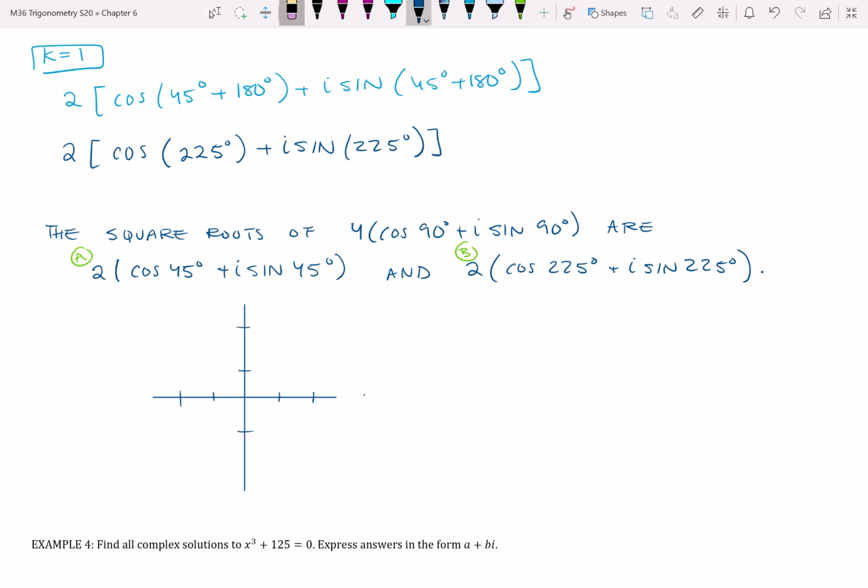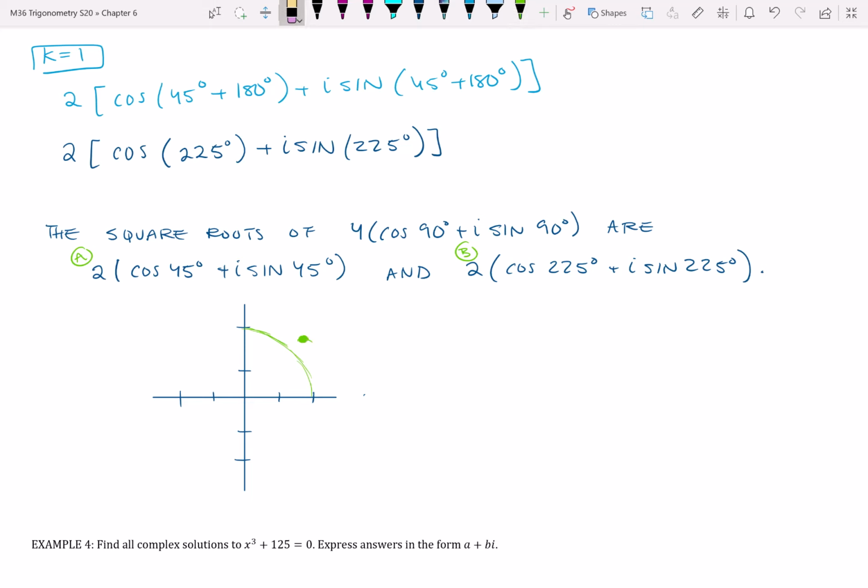It's not drawn to scale, but it gives you a little bit of an idea. My r is 2, so it's going to be somewhere around this radius, and 45 degrees will slice the first quadrant in half. Radius 2 would give me a circle here, so maybe I'm a little bit high up.